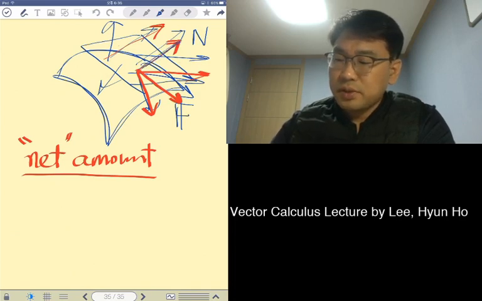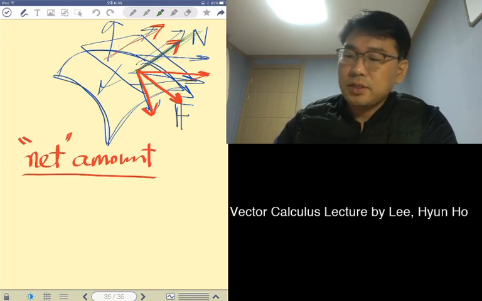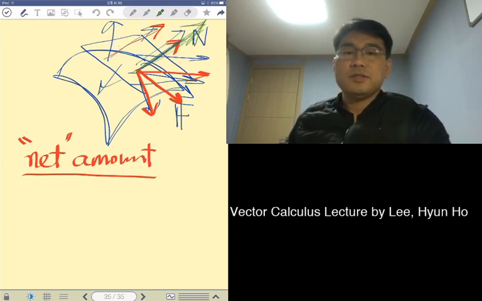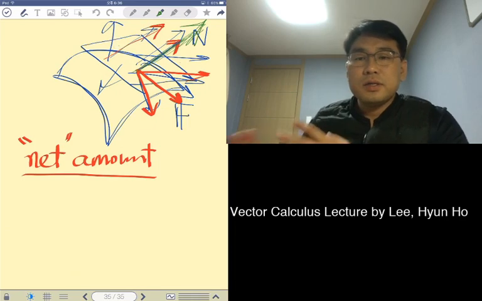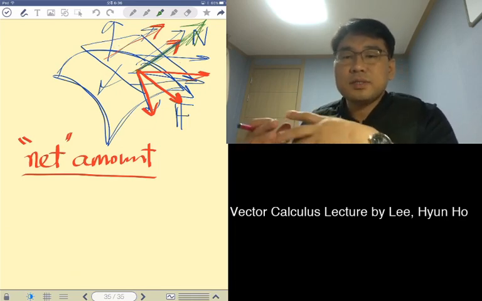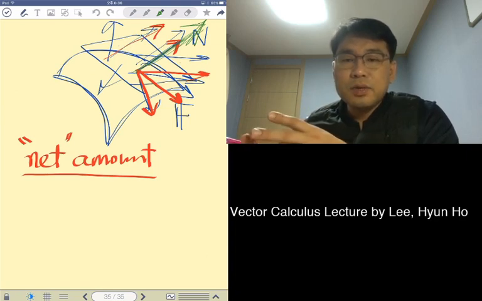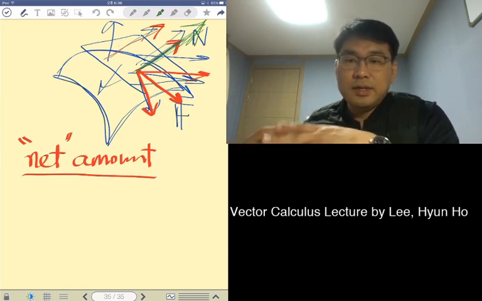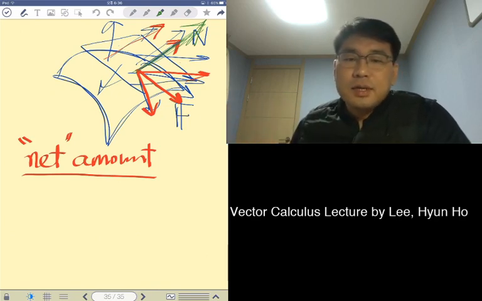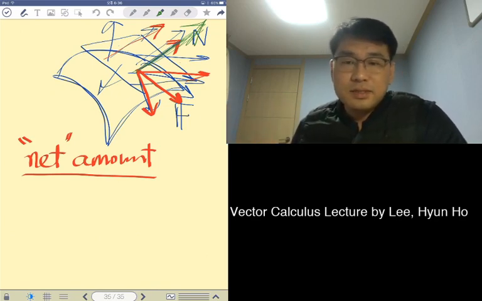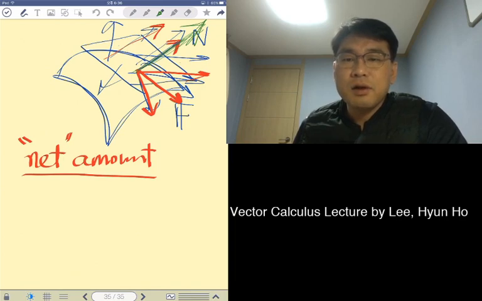So this component is what we need, right? The component in the same direction as the normal actually contributes to going through the surface S at this point. So what we're computing is the n component of this large F, right?